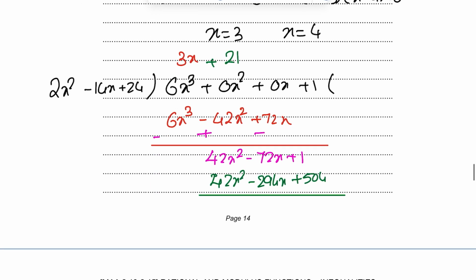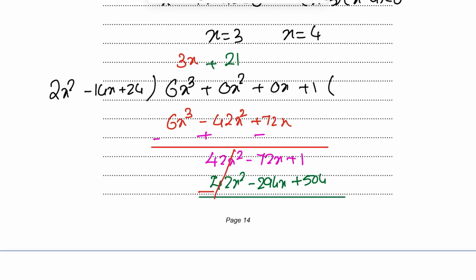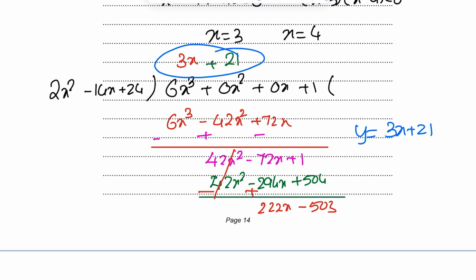Then subtract it out, we get 42x square cancels. 294 minus 72 should be giving me 222x minus 503. So my oblique asymptote is nothing but what? Y equals 3x plus 21 is going to be the oblique asymptote.